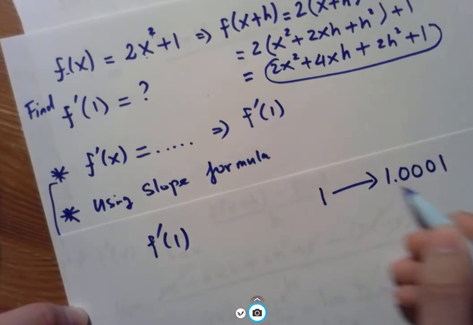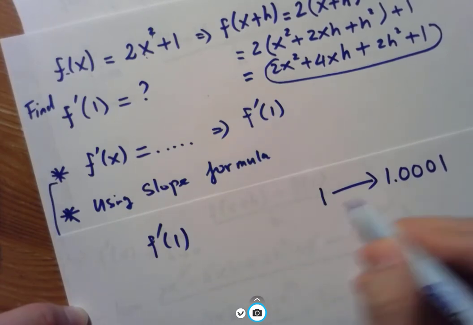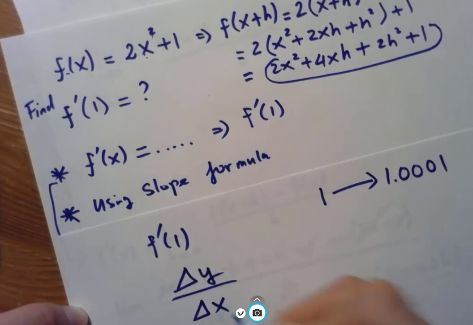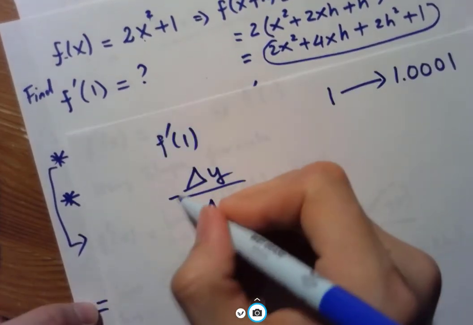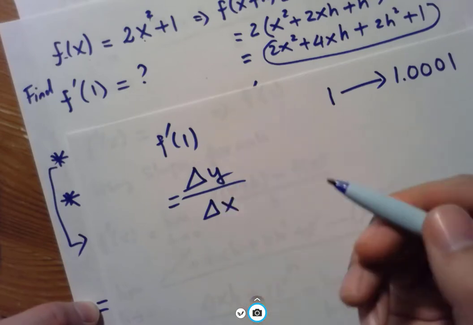Therefore, we pick another point that is also very close to 1. Now I have 2 points, so I can find the change in y over the change in x, because this is the rate of change slope formula.